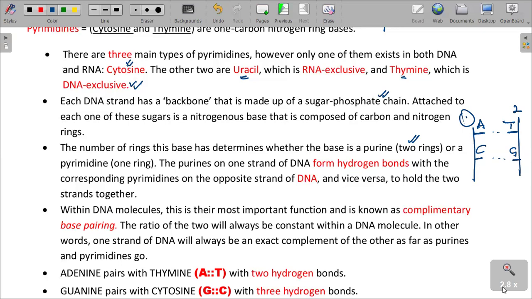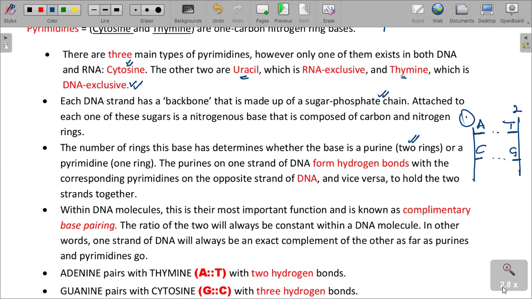Within DNA molecules, this is the most important function and the best-known reason, which is known as complementary base pairing. A, which is a purine, pairs with T, which is a pyrimidine. C, a pyrimidine, pairs with G, a purine.